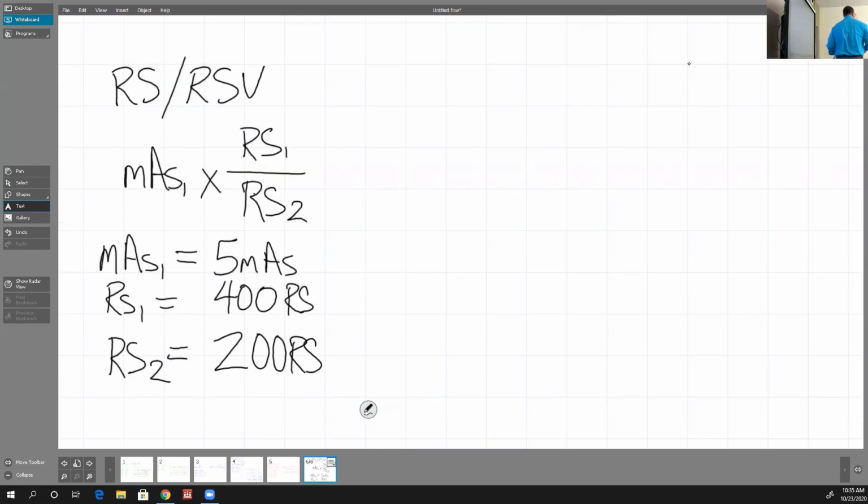Now, remember, the higher the RS, the more sensitive the image receptor is to X radiation. So what we're saying is that an RS 400 is twice as sensitive to X-ray exposure as a 200, okay?